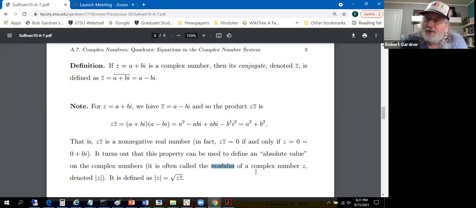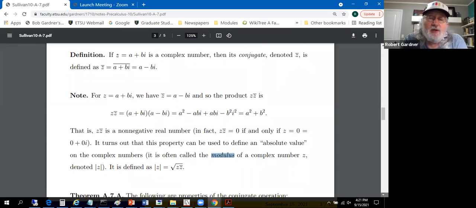It is common also to call this the absolute value of a complex number. And that absolute value or modulus of z is defined to be the square root of z times z conjugate. So for this complex number, the modulus is the square root of a squared plus b squared. So there's how moduli are defined and computed.